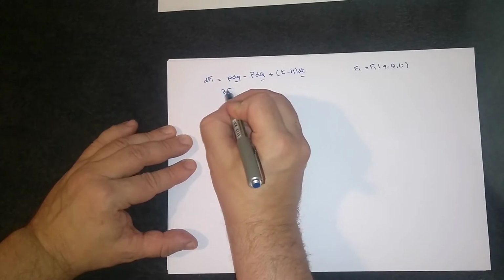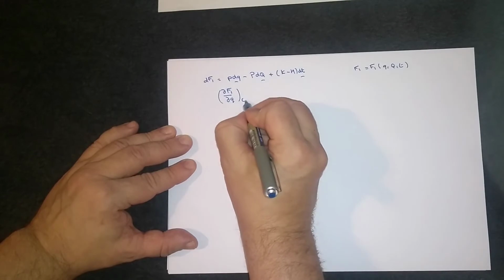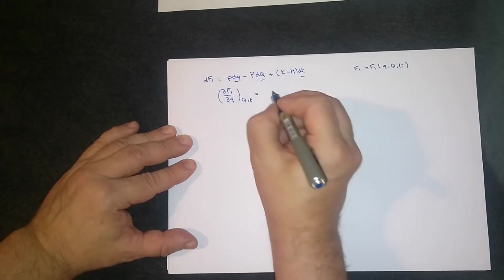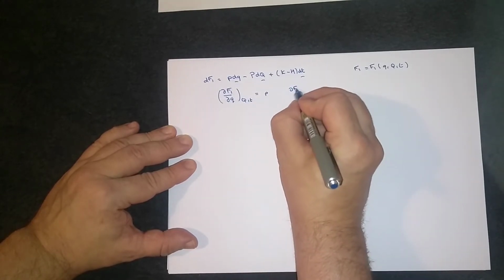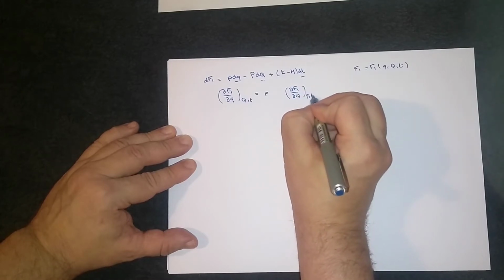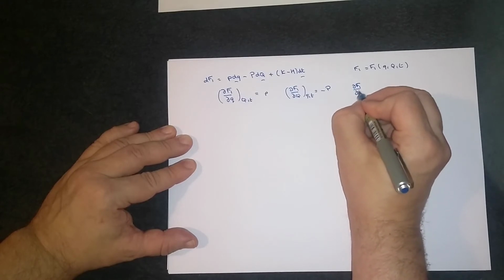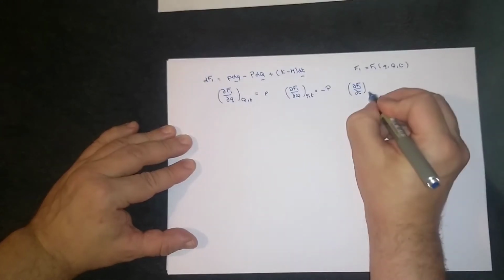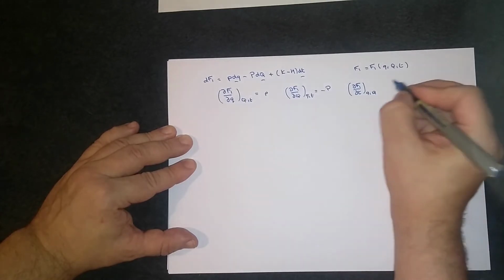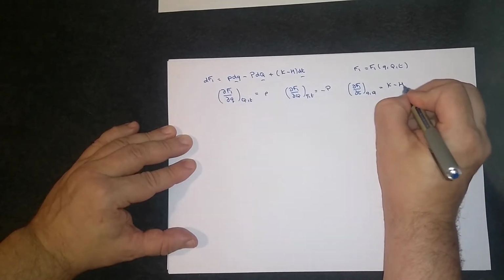And then you get the partial derivatives df1 by d little q at constant capital Q and t is little p, df1 by d capital Q, little q and t is minus P, df1 by dt at little q and big Q is k minus h.